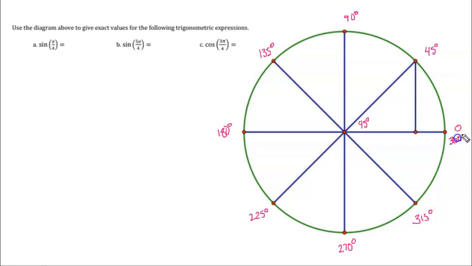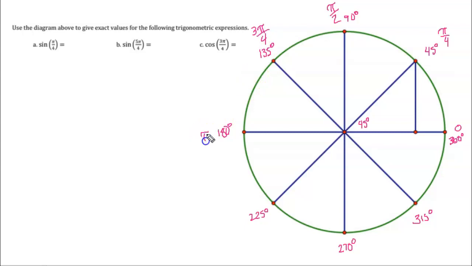and 360. We also know radians-wise that we're counting by 2 pi divided by 8, which would be pi over 4. So this would be 1/4. This would be 2/4, which reduces to 1/2. This would be 3/4.